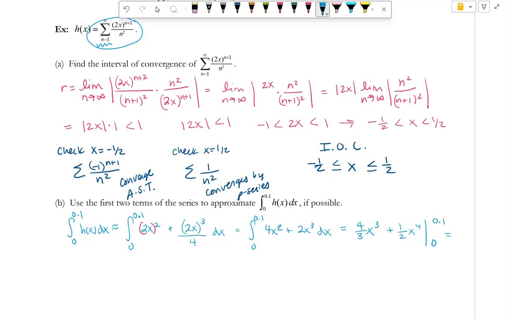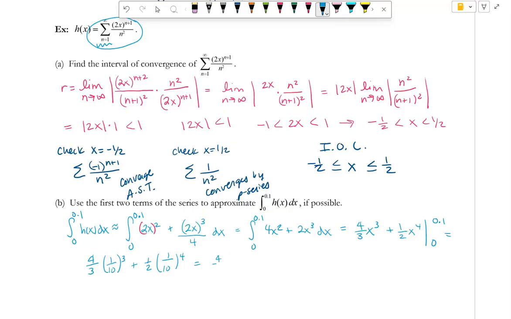So when I plug in 1/10, I'm just going to do that as a fraction. So I get 4/3 times 1/10 cubed plus 1/2 times 1/10 to the 4th power. And then notice when I plug in 0, I would get 0, so I could subtract 0 from that.